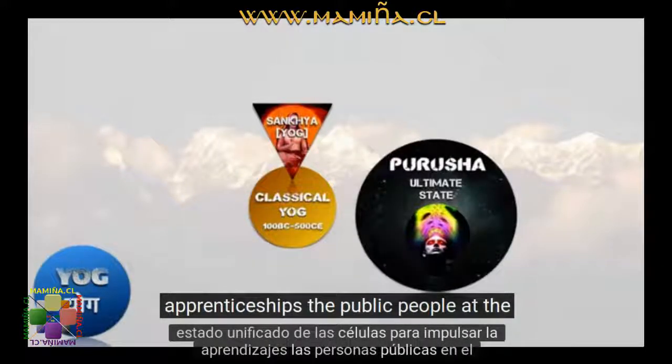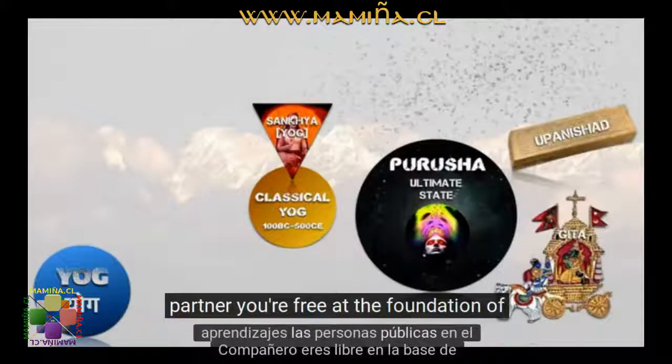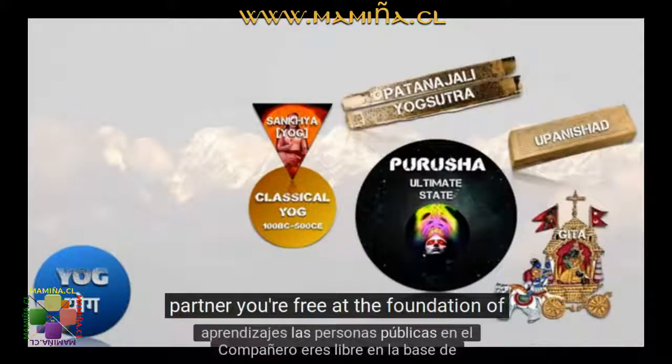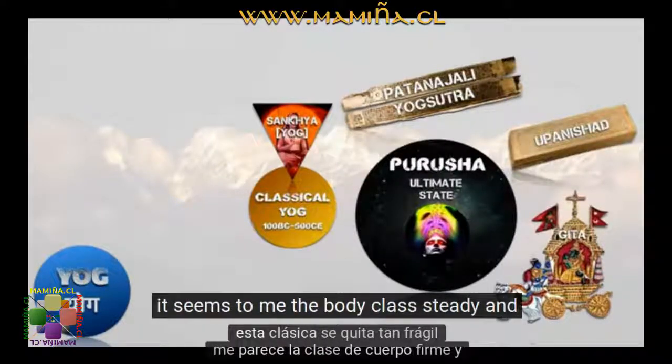The Upanishads, the Bhagavad Gita and the Patanjali Yoga Sutra are the foundations of this classical yoga, also known as Raj Yoga.